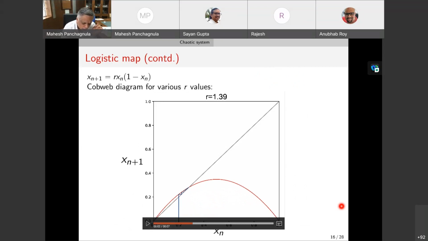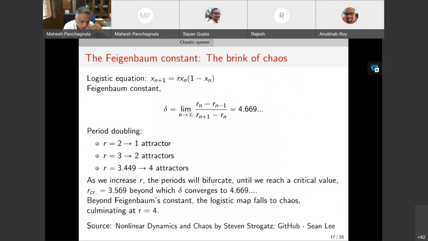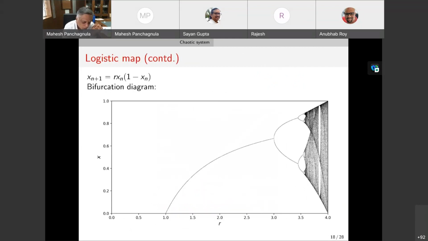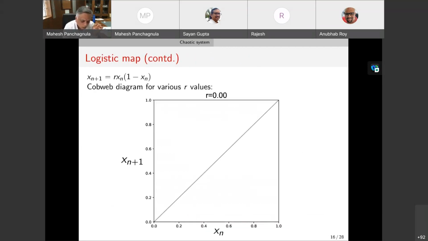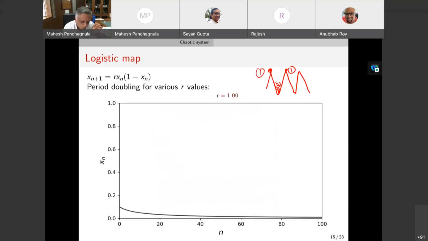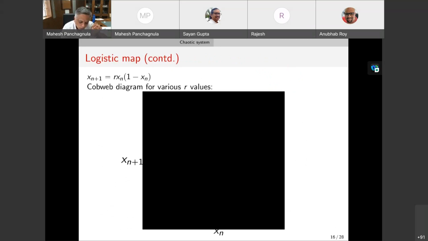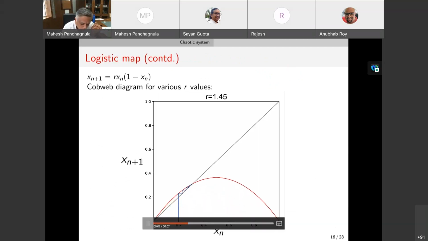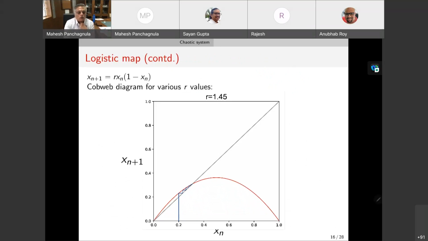In order for us to understand why this evolves in this fashion, let's look at this thing called the cobweb diagram. What we've done here is, how does the solution converge? For the cases where it does indeed converge, there are two possibilities.